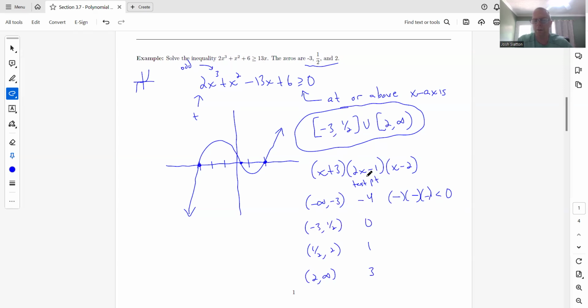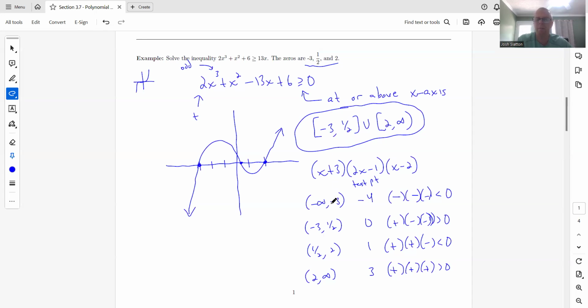Then we can plug in 0. We get 3 times -1 times -2, so that's a positive times a negative times a negative. That's greater than 0, which we knew. And this interval is positive. And then plug in 1. We get positive, positive, and a negative, so that interval is less than 0. And then this one is going to all be positive. So that's another way to do it.